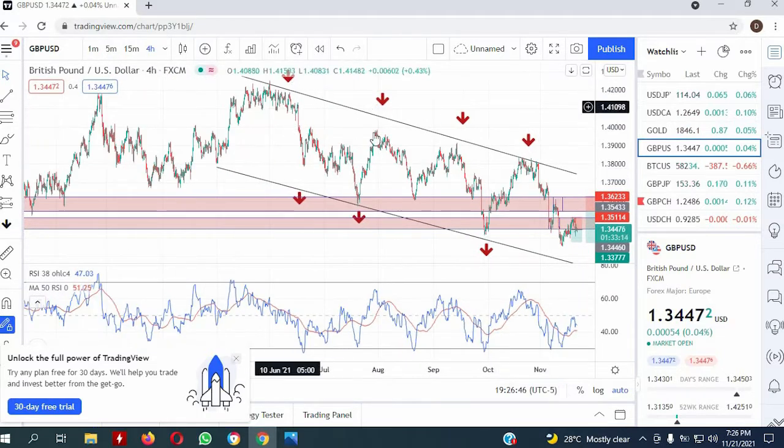The 4-hour time frame is constantly making lower highs and lower lows.